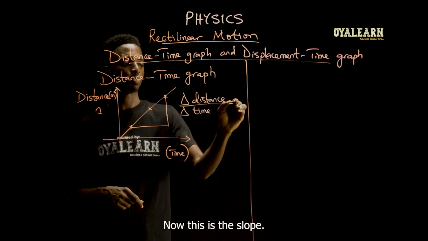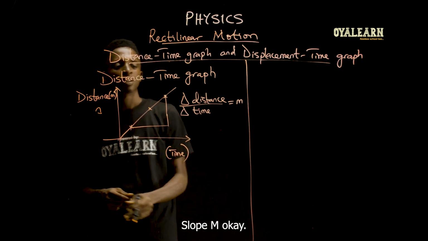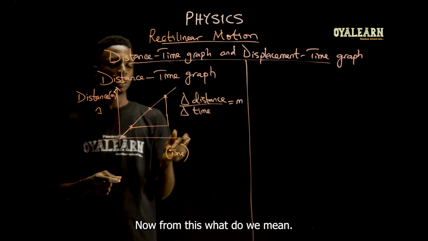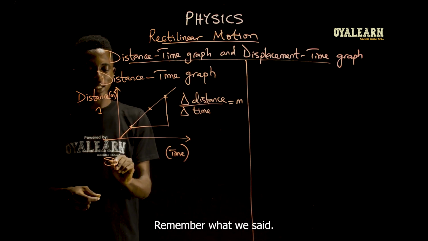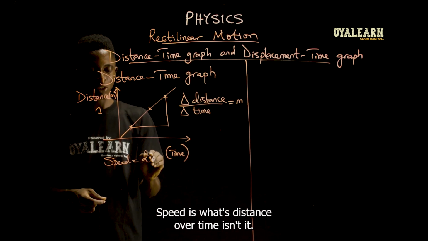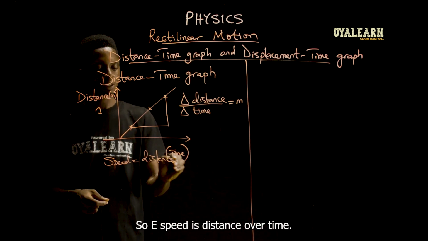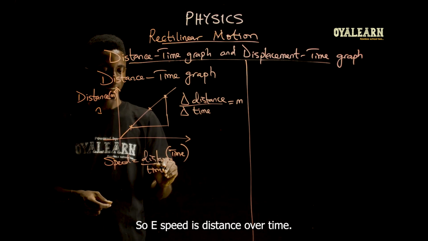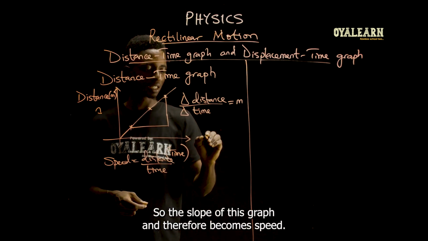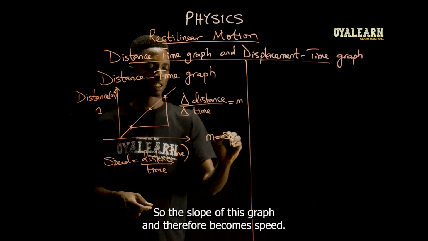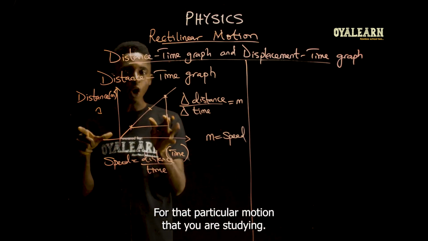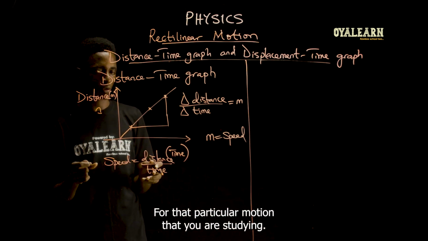Now, this is the slope m. Okay? Now, from this, what do we mean? Remember what we said, speed is what? Distance over time, isn't it? So, if speed is distance over time, the slope of this graph, m, therefore becomes speed for that particular motion that you are studying.